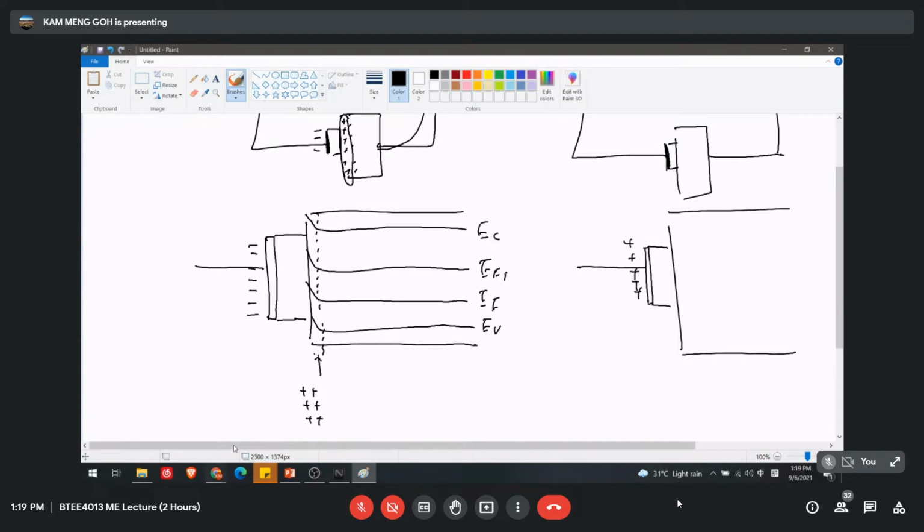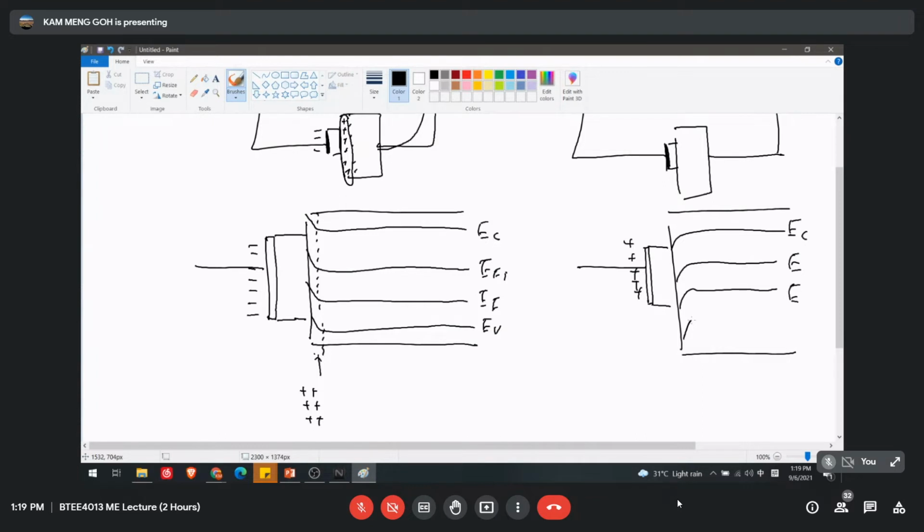Let's see how it looks. The curve is above, something like this. EC, EF, EV, and then EFi, EF, EV.